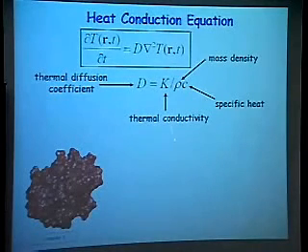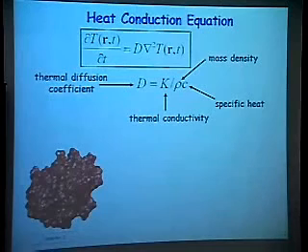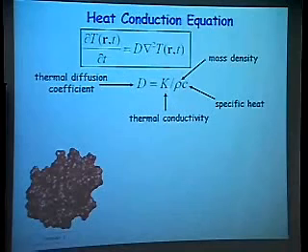In order to calculate the thermal conductivity of a protein, which will be a number of the same order of magnitude for all globular proteins, or most of them at least, you need to be able to calculate the thermal diffusion coefficient, and you also have to know the density. The mass density we already know, it's about 10 to the third kilograms per cubic meter, similar to the density of water.